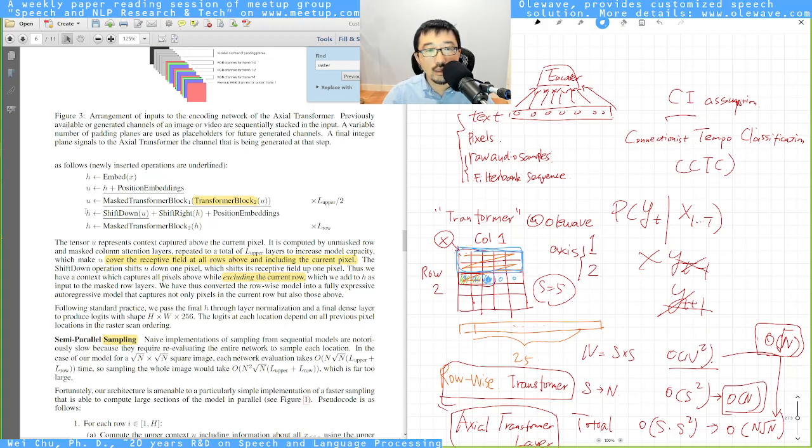And then the next step is masked transformer block 2H. I think it means that they're trying to get the pixels before this pixel. That's what I think it does. I have to say I might be wrong about this, but I do think I generally get the idea of the authors.